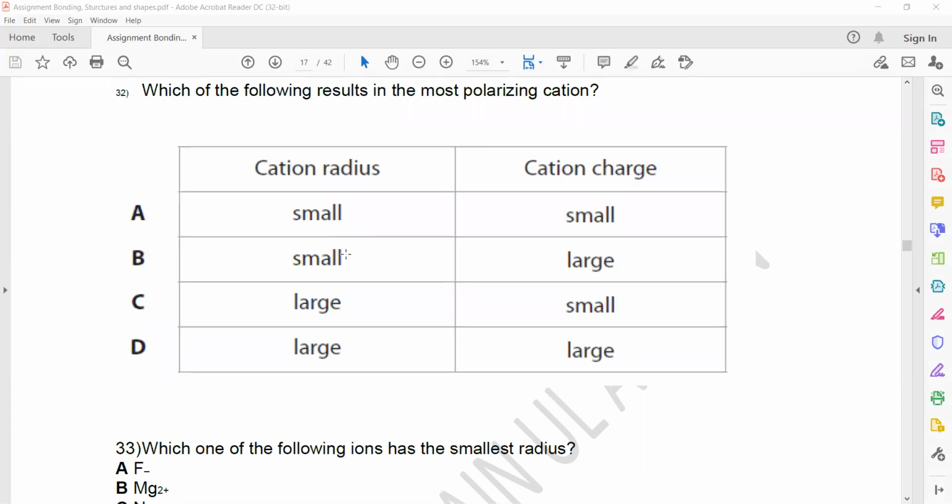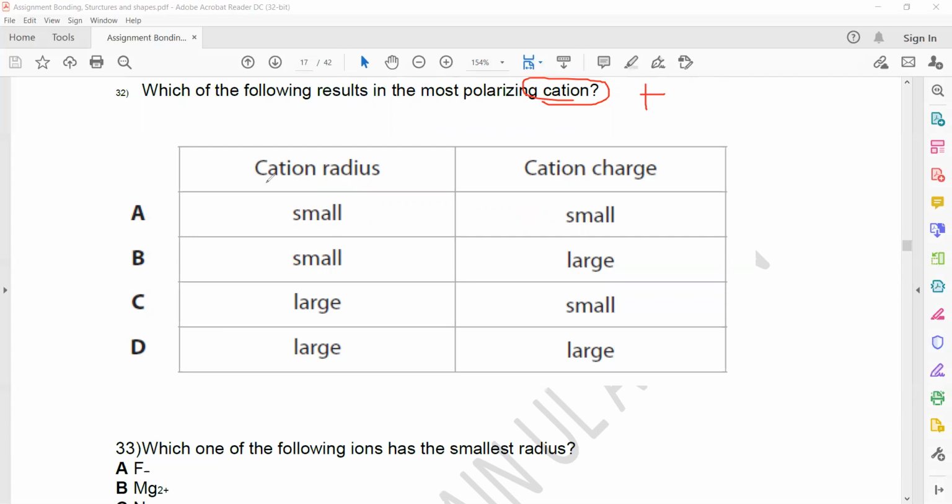Next is 32. Which of the following result is most polarization of the anion? So negative ion, most polarization. So size of the cation. Cations move towards cathode. They are positive ion basically.